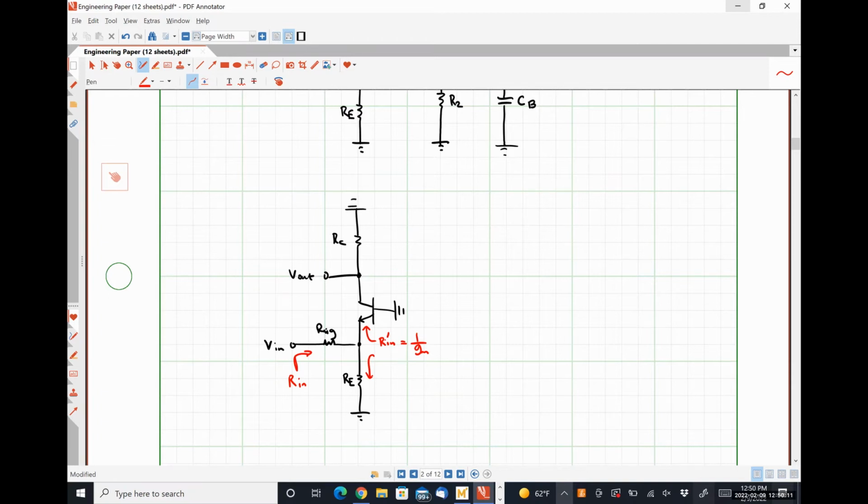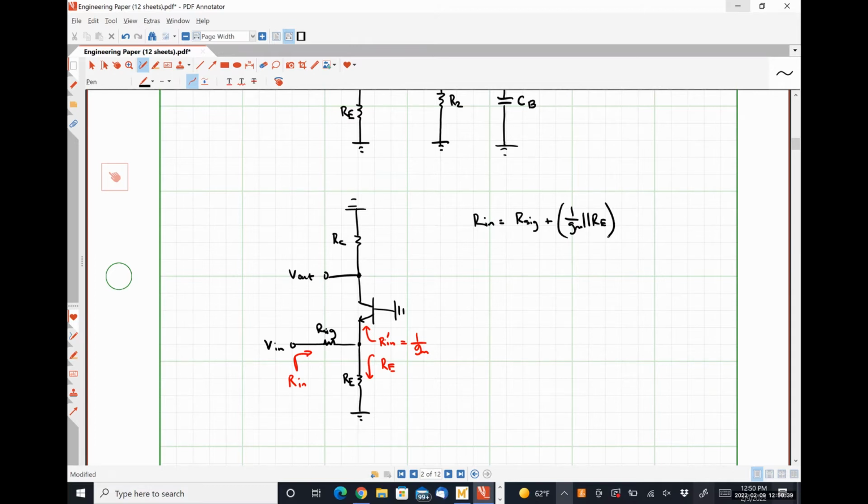Not a trick question. RE. So from that, our input resistance, Rin, is just R sig plus 1 over gm in parallel with RE.